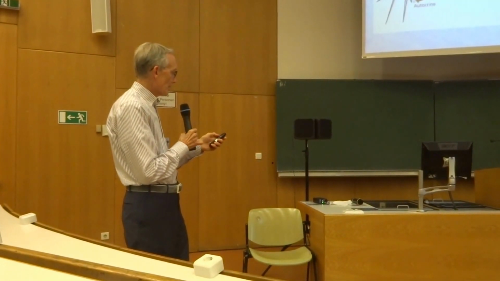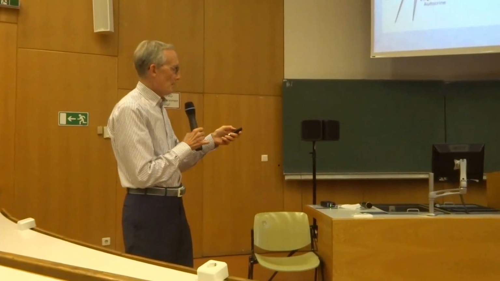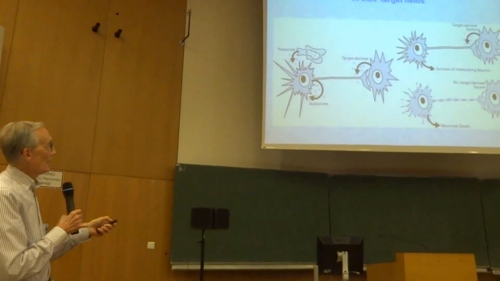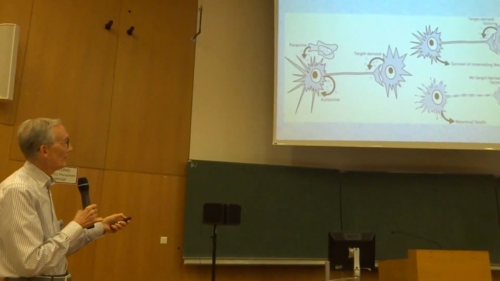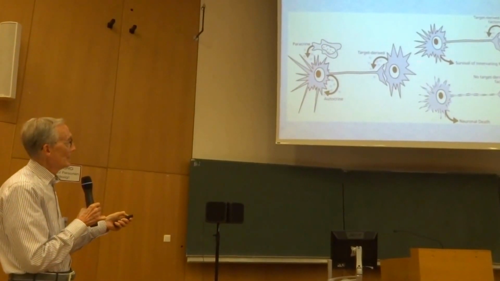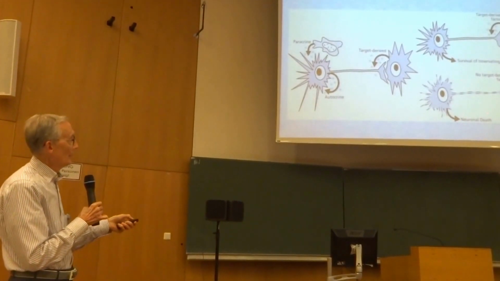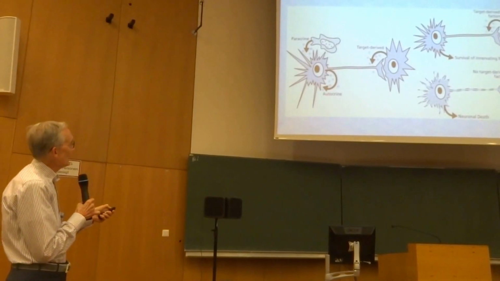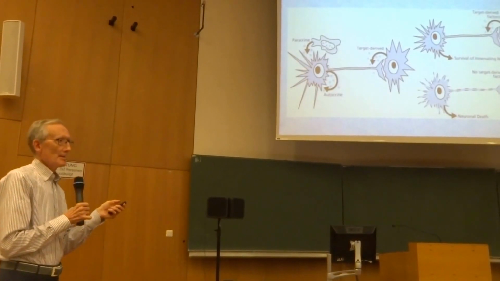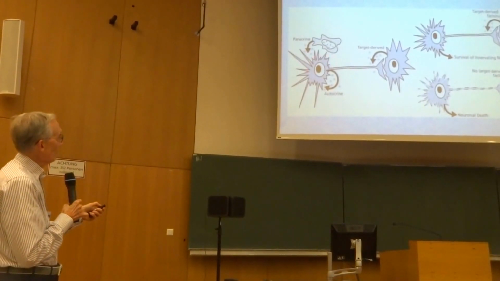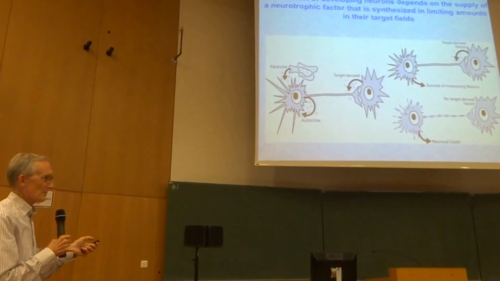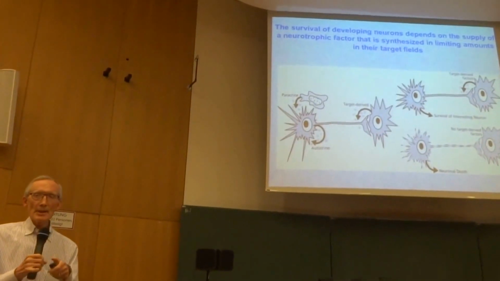So basically, in the PNS, this concept is quite straightforward. These neurons project to the periphery, their target, and they take up this trophic support. If you deprive them of that, they die. Okay. It applies also in the CNS with some variation. Neurons in the basal forebrain, which are cholinergic, project to the hippocampus, which produces NGF.